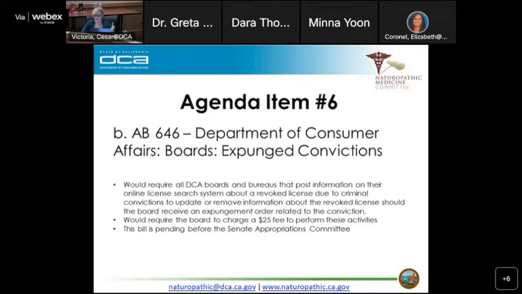Licensees, defendants, are ordinarily able to petition the court to set aside a guilty verdict if they have completed all or a substantial portion of their probation requirements. This is called an expungement. This bill would require a board to remove evidence on the board's website if a defendant's criminal conviction has been expunged. And this bill is pending before the Senate Appropriations Committee.